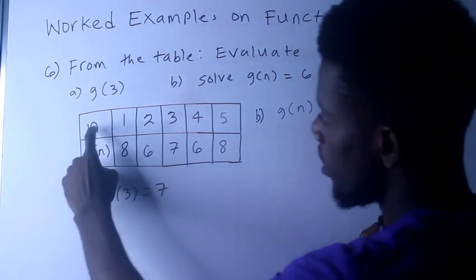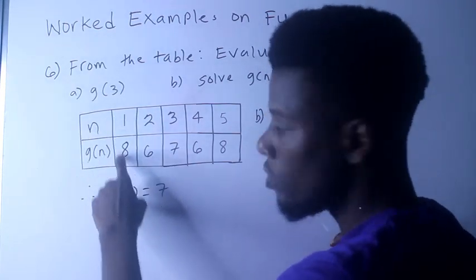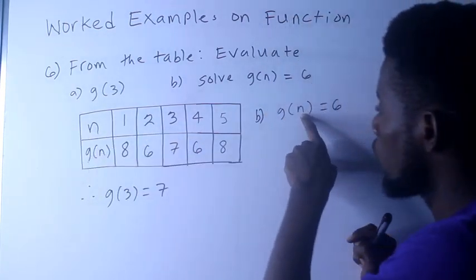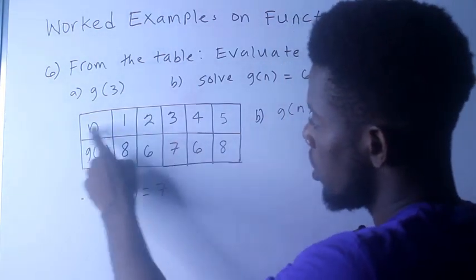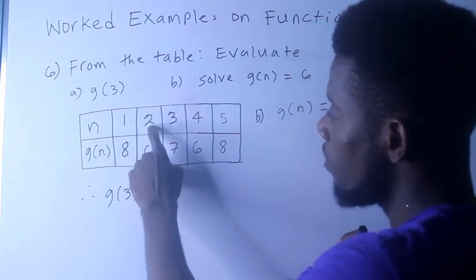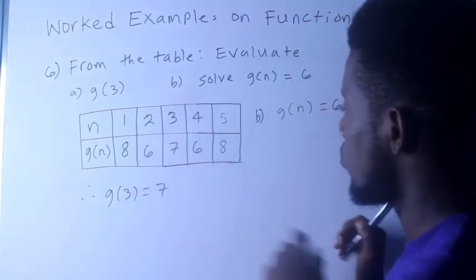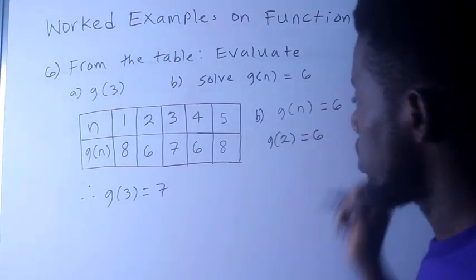So let's see. When n is equal to 1, g of 1 is 8. So n cannot be 1. Remember, we want to find n. When n is 2, g of 2 is 6, right? So since g of 2 is 6, it means one of the values of n is 2. So let's write that g of 2 is 6.